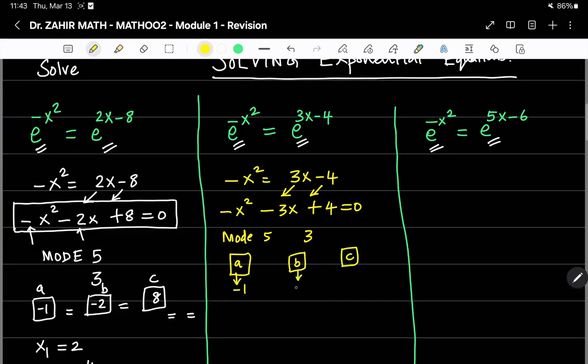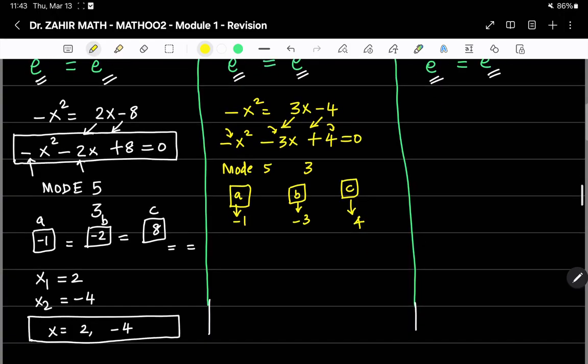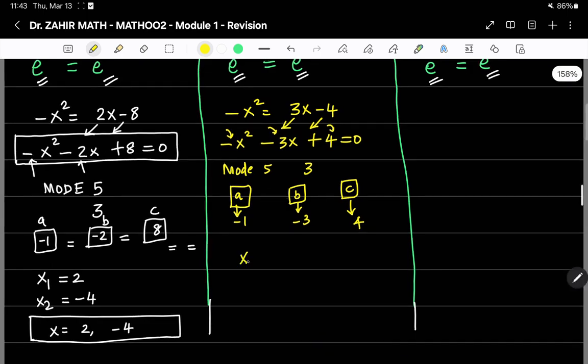Minus 1. What is B? Minus 3. What is C? 4. Look here, minus 1, minus 3 and plus 4. I'm already in the same mode. Minus 1, minus 3 and 4. So I get the answer x is equal to 1 and minus 4.